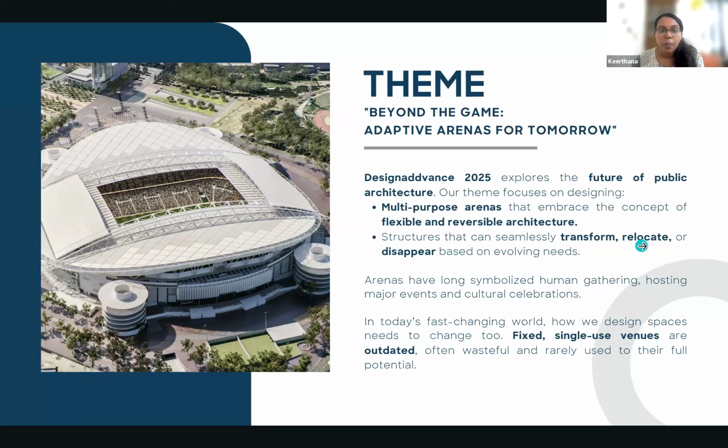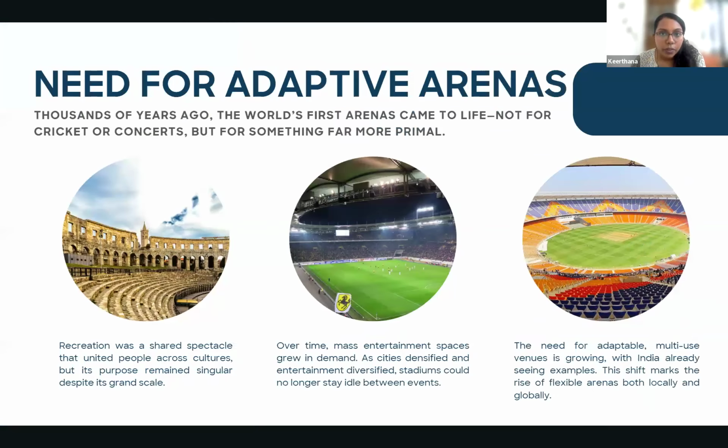So why is there a need for adaptive arenas? Back in the day, arenas were built for only one single purpose, which was to unite people from different cultures and countries. But now, due to mass and diversified entertainment, stadiums could no longer be single purpose.